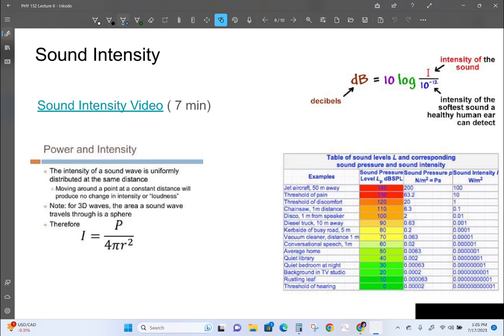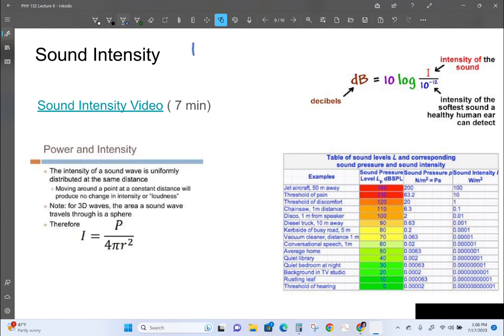If you've ever had a stereo system, you may see this unit dB stamped on it, and that's telling you the decibels of the sound. It's a logarithmic scale used to rate how strong the sound is that you're hearing.